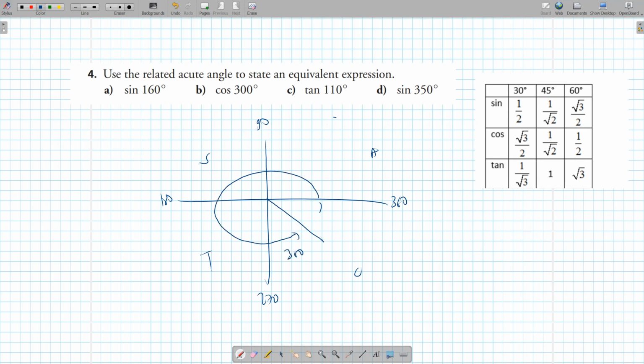What is going to be our acute angle? 60. Good. So that means for us, cosine of 300 is the exact same thing as cosine of 60. Now check it. We have to do the CAST check. Is cosine positive or negative in quadrant 4? Positive. Good, so nothing changes. Cosine of 60 is 1/2 and you are done.